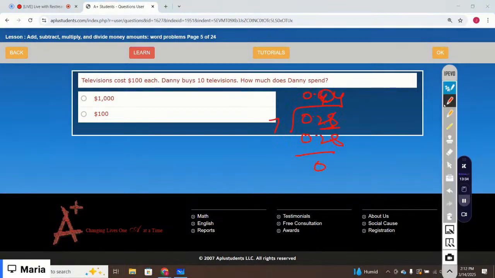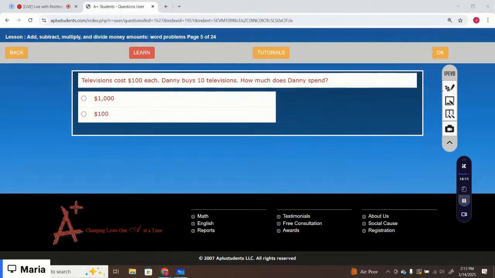So you need to multiply by 10. 100 times 10 equals 1000. So option number one is the correct option. That is 1000.